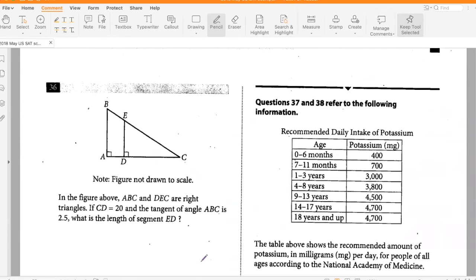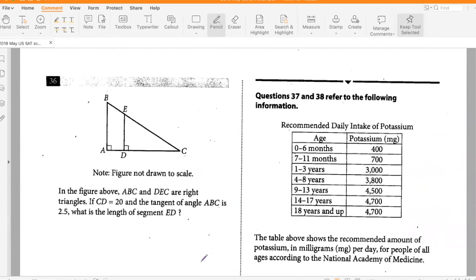In the figure above, ABC and DEC are right triangles. If CD is 20 and the tangent of angle ABC is 2.5, okay, so tan B is 2.5. What is the length of segment ED? Okay.